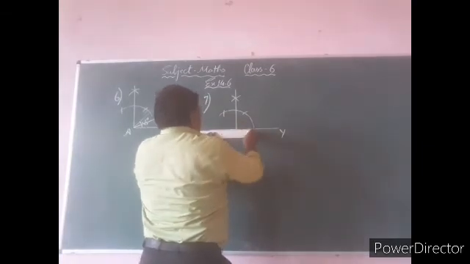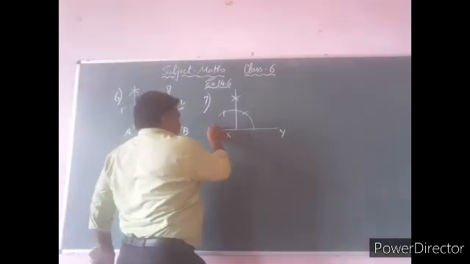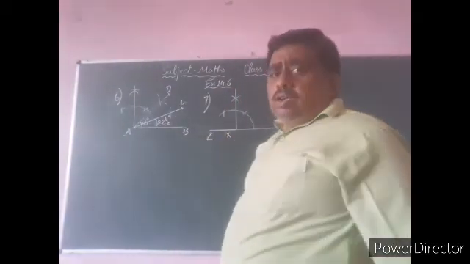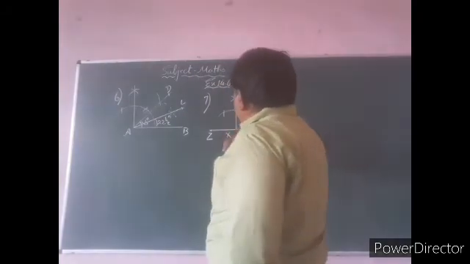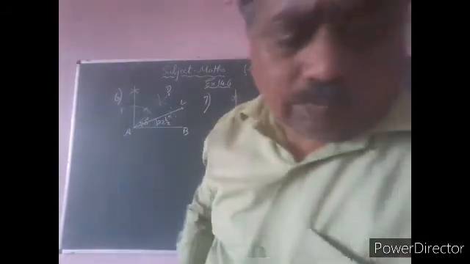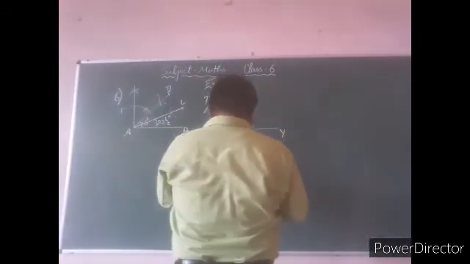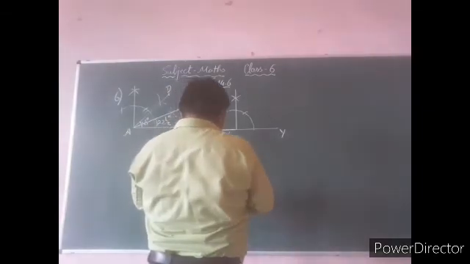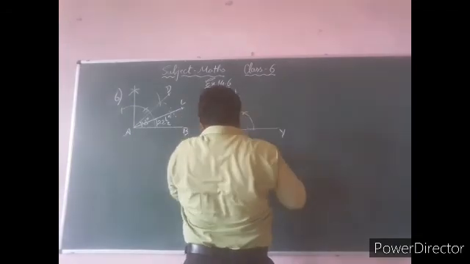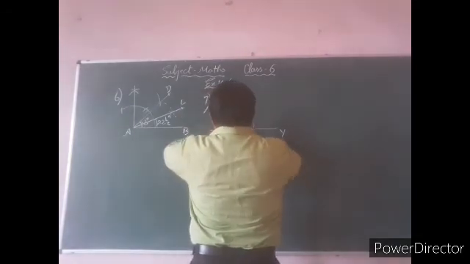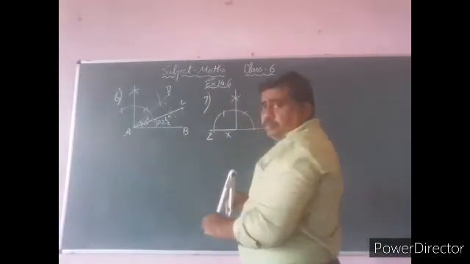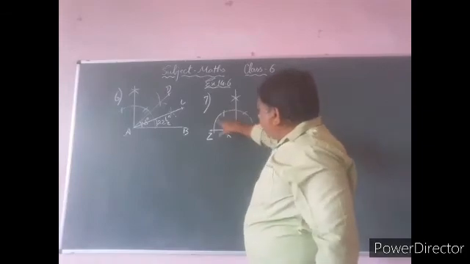Extend it. Suppose this is Z. Now here make this arc full arc. In this way. Now bisect this angle.